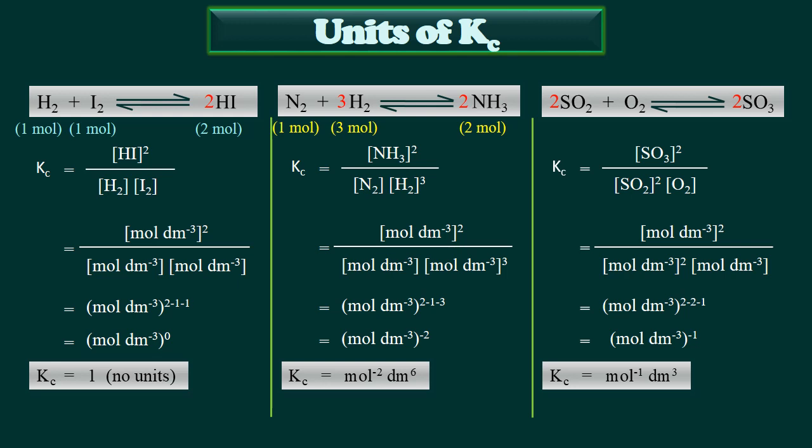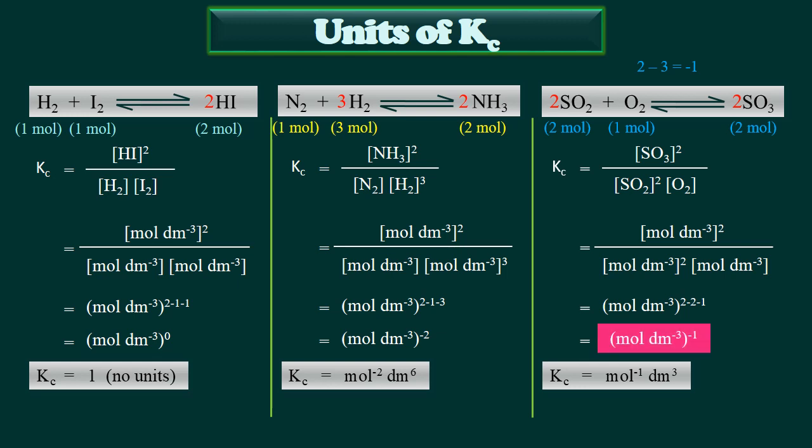Let's apply shortcut method just to check our result. We have 2 mole of SO2, 1 mole of O2, so total moles of reactants is 3 and 2 moles of product. Let's find their difference. 2 minus 3 is minus 1.